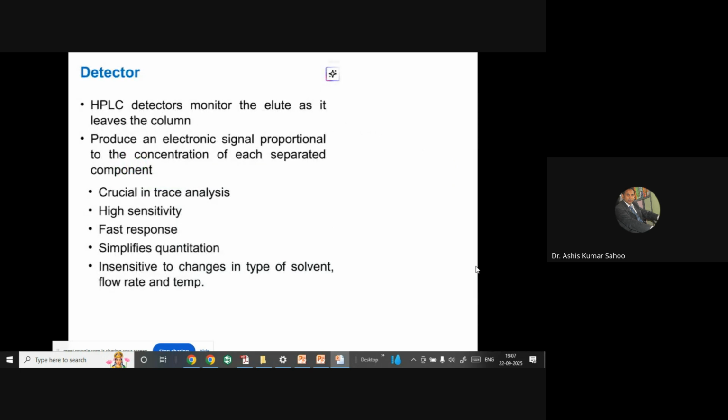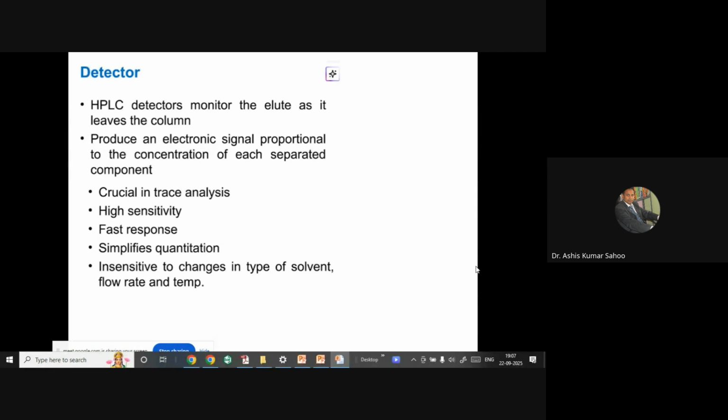So let's see the detector. How do we detect the signal? In HPLC, the detector monitors the compounds as they leave the column and produces an electronic signal proportional to the concentration of each separated component. It is crucial in trace analysis: highly sensitive, fast response, simplifies quantitation, insensitive to change in type of signal.